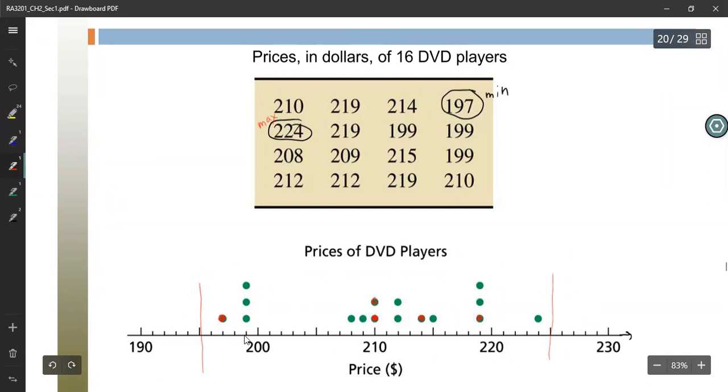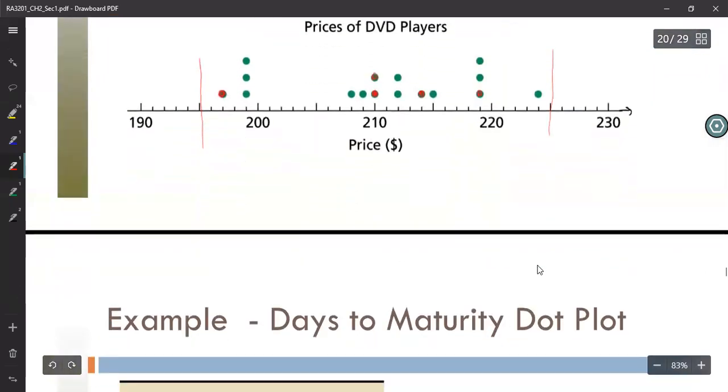You can see that 119 and 219 appear most of the time, and in between 200 and 207, there are no values at all, right? So likewise, you can easily see the pattern. Okay.